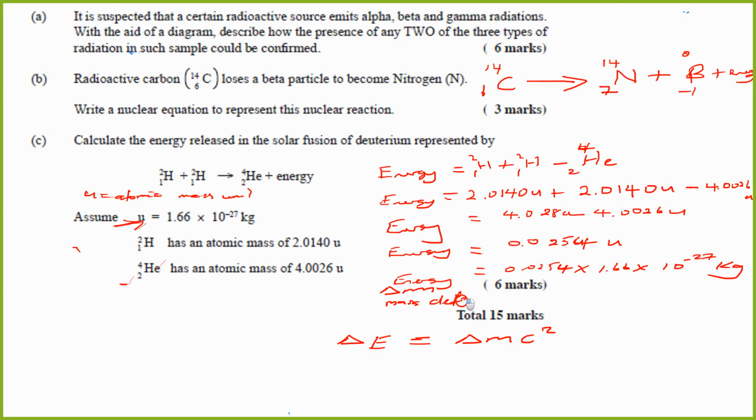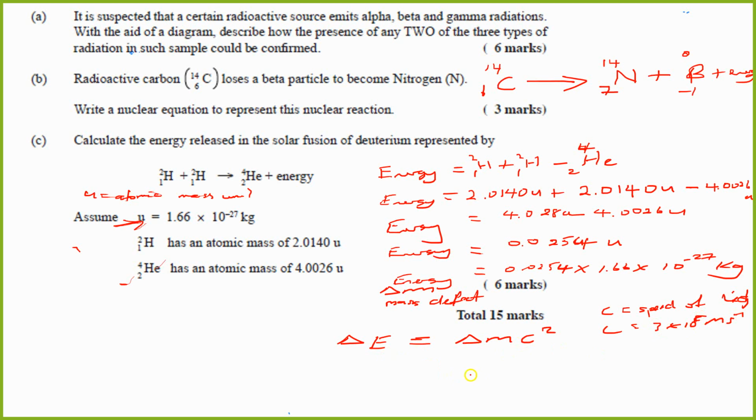So I take that mass defect and multiply it by c squared, where c is the speed of light, with a value of 3 times 10 to the 8 meters per second.